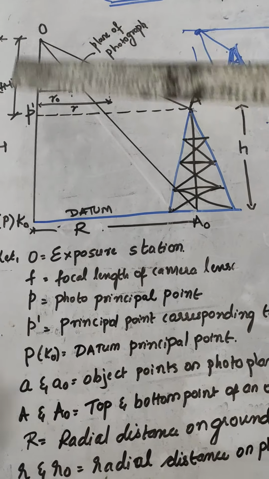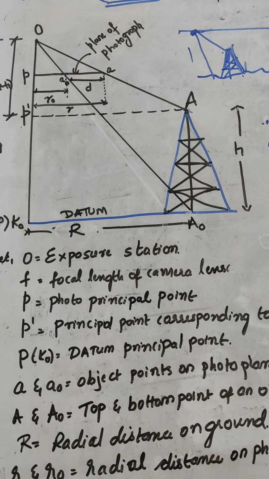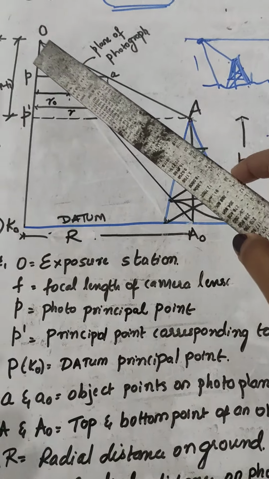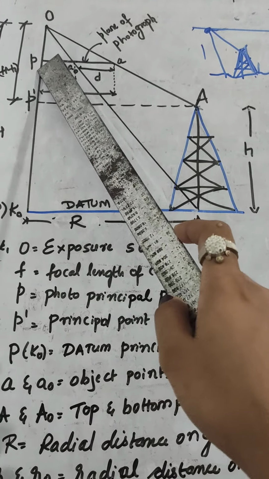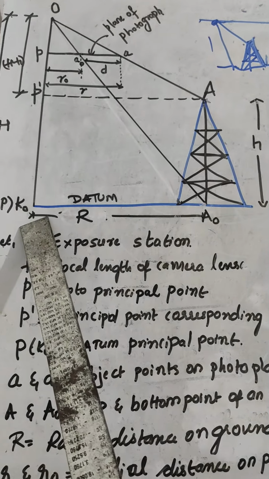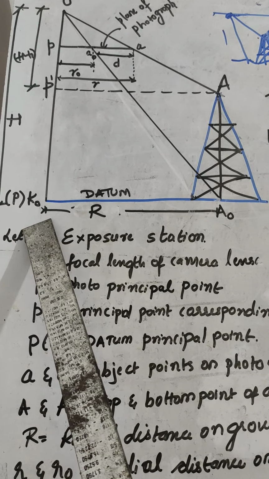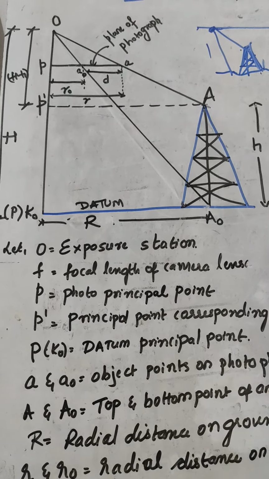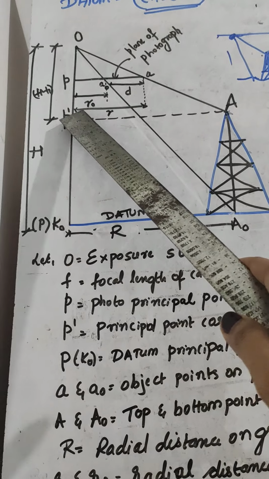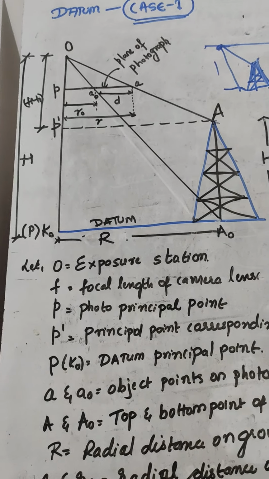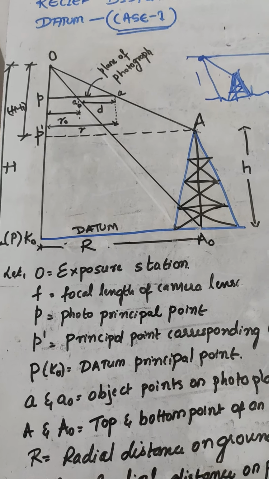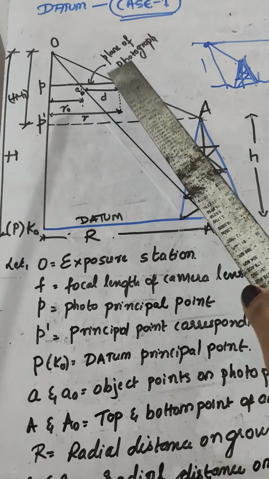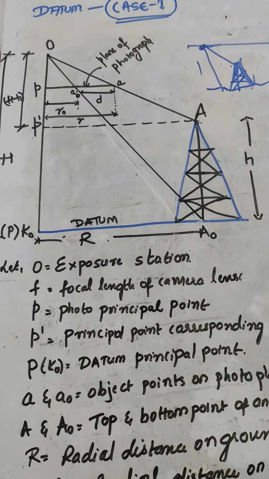This vertical line is through the principal point, where O is the exposure station and P is the principal point of the photo plane, and this is the principal point of the datum, and this is the principal point with respect to point A, where R0 and R are the radial distances of the object. And this D is the relief displacement.